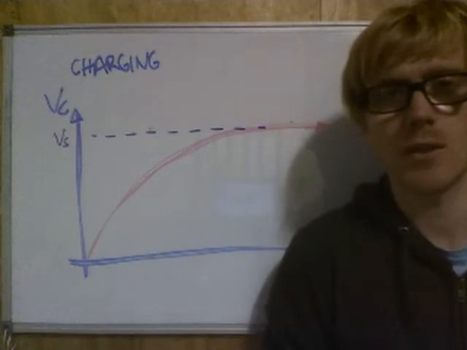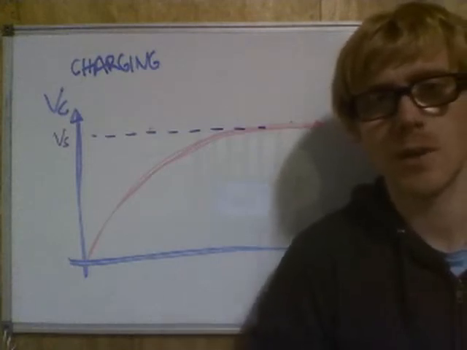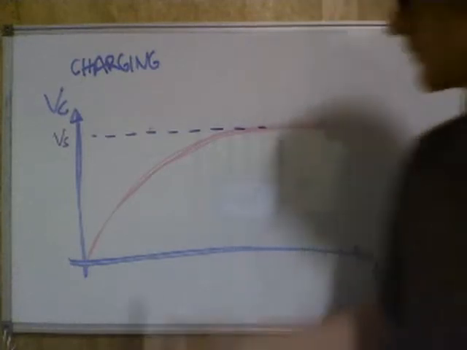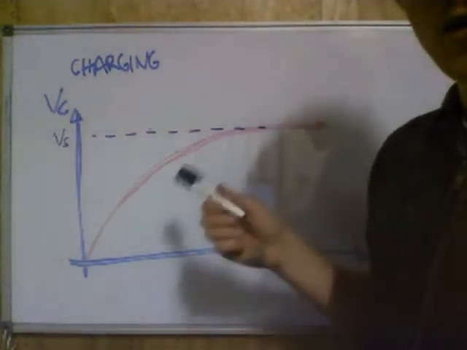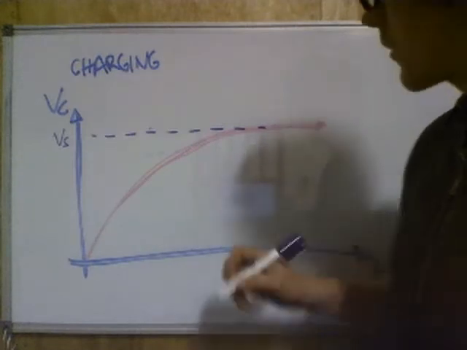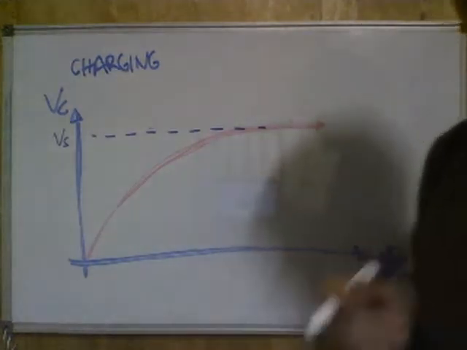Let's look at this better graph now of the charging of a capacitor. Again, see the maximum is at Vs, the voltage of the source, but there's an important factor that you need to include when you're sketching these graphs. And that is called the time constant.